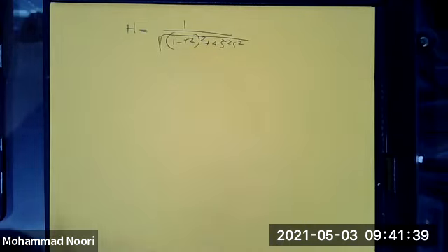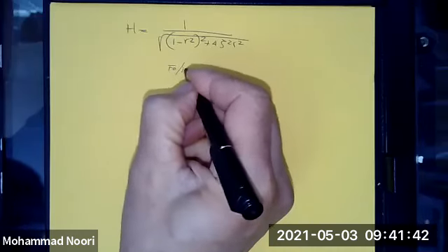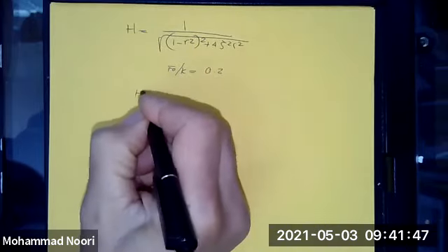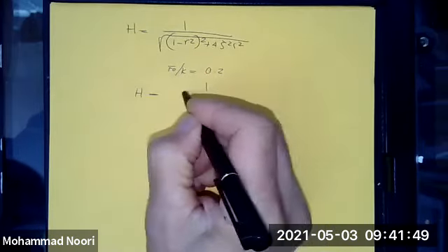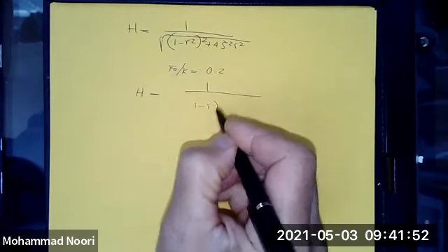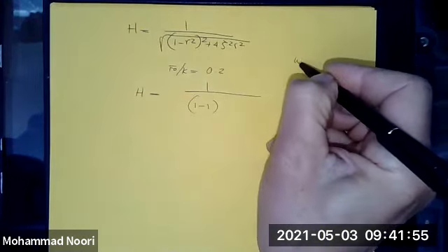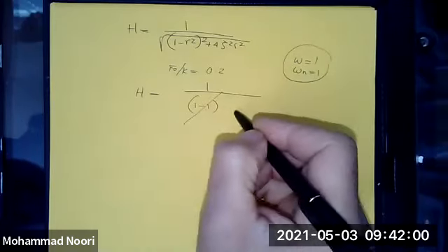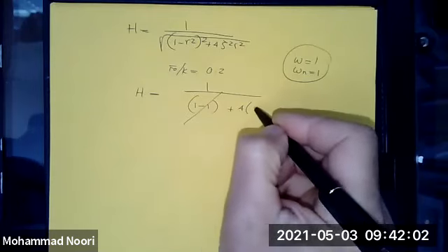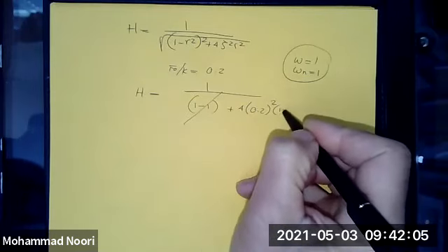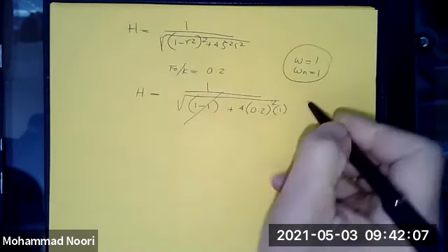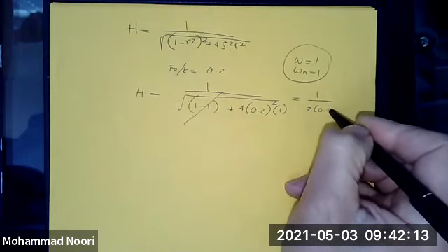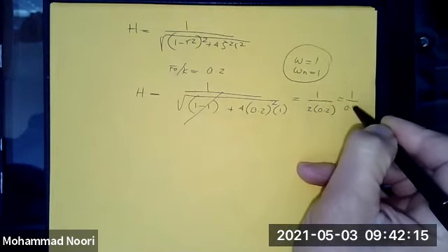F naught over K was 0.2. H is going to be 1 over 1 minus 1, since R is 1, because omega is 1 and omega n was 1, plus 4 times zeta, 0.2, squared times R squared, which is 1. So H is simply 1 over 2 times 0.2, or 1 over 0.4.